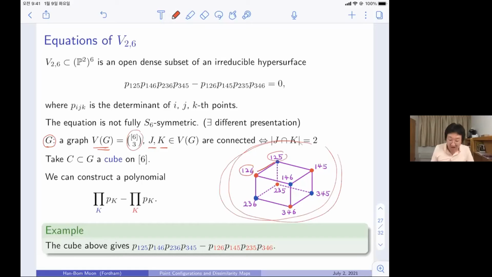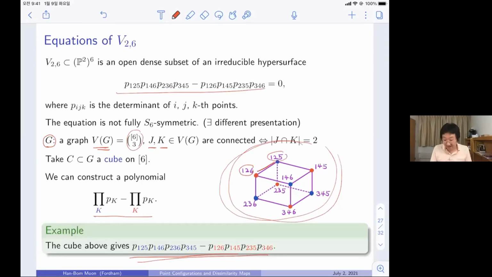Now we can construct a polynomial in the following way: the product of all blue variables minus the product of all red variables. Indeed, this equation can be understood in this way, which means that because there are exactly 15 cubes, there are exactly 15 different representations of the same hypersurface.